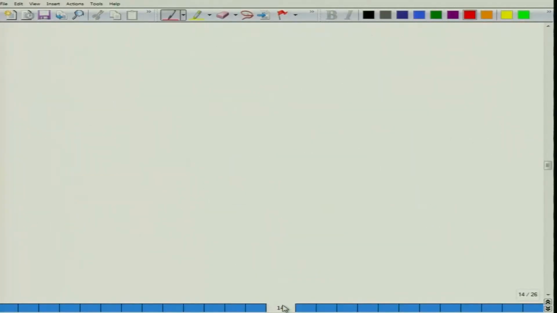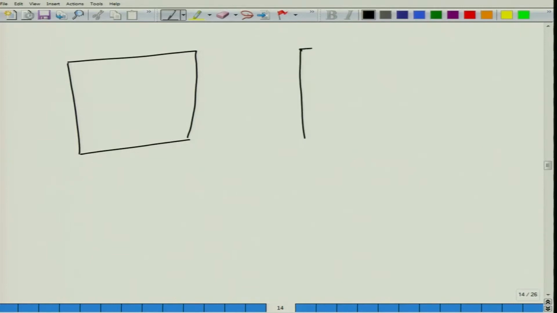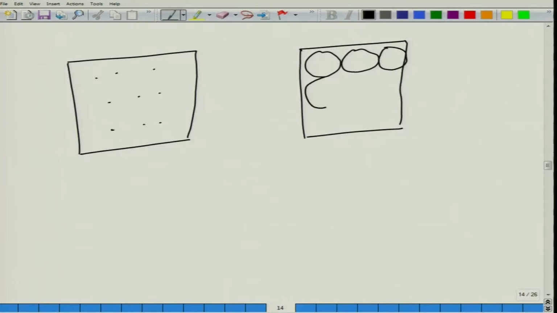But now consider this situation, in which we have these two plots of the same size, and both these plots have, say, 9 trees. But in the first case all these 9 trees have very small diameters, and in the second case we have trees that are literally touching each other because they have grown in size.